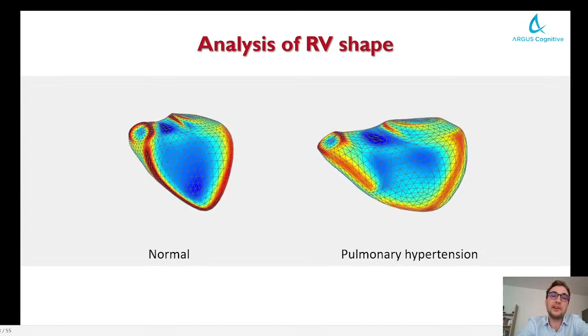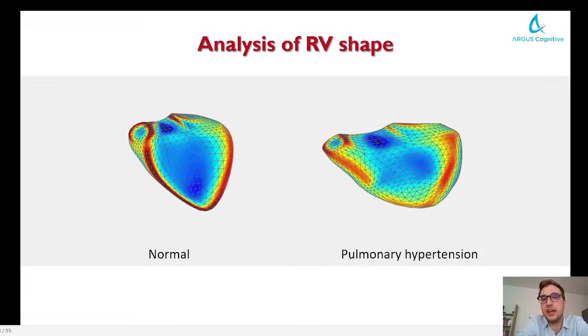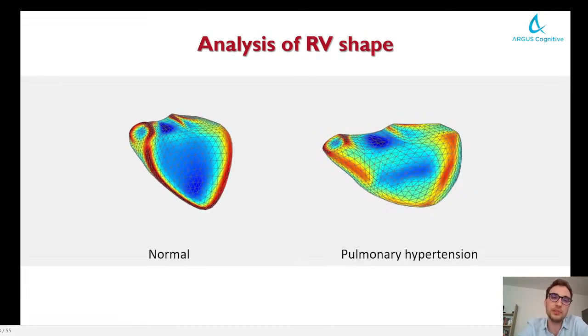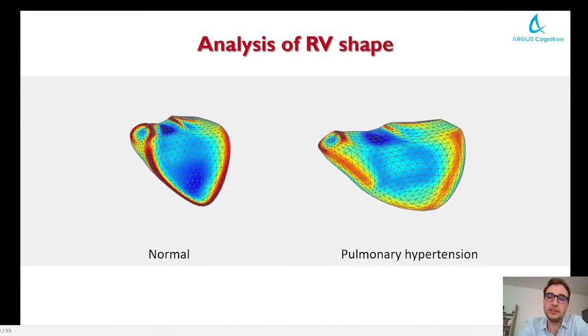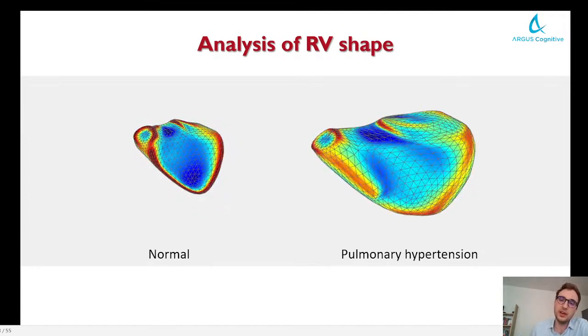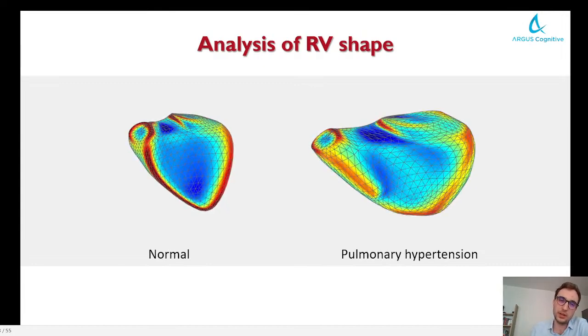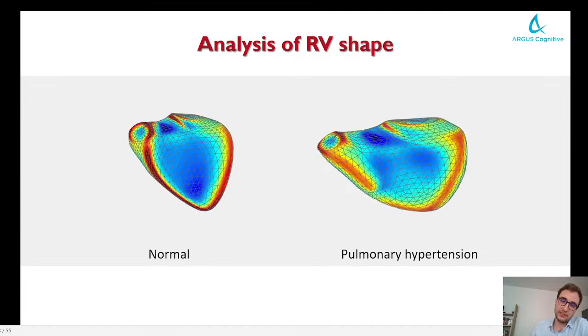Another interesting way to characterize right ventricular contraction and right ventricular function in general is the analysis of right ventricular shape. So, for example, we have an example generated by us, a normal individual and a patient with pulmonary hypertension. We can easily appreciate that the regional shape of that right ventricle, marked by the coloring of convexity and concavity, is definitely different in these patients.